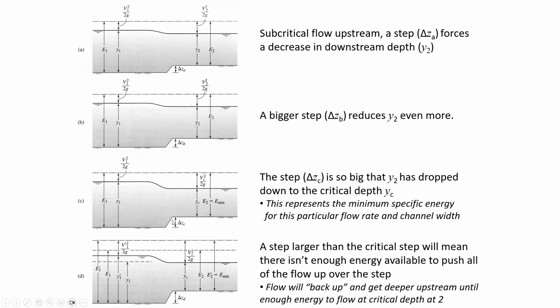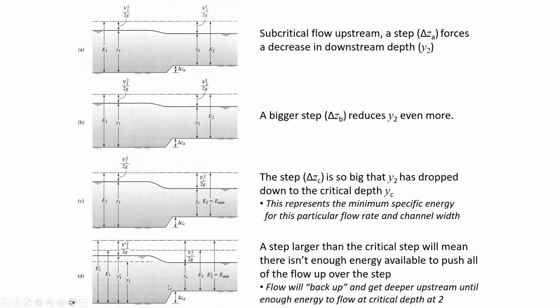So the depth at location 2 is the critical depth when you're at the critical step height or beyond it. So this fourth illustration is showing when you're beyond the critical step height, you forced pooling upstream, so the specific energy at location 1 goes up and up until there's just barely enough specific energy to push the water up over the obstacle.